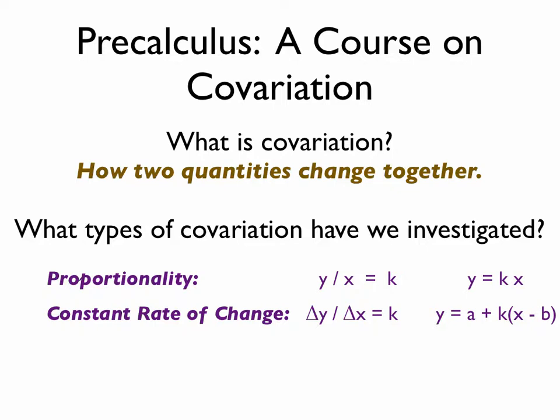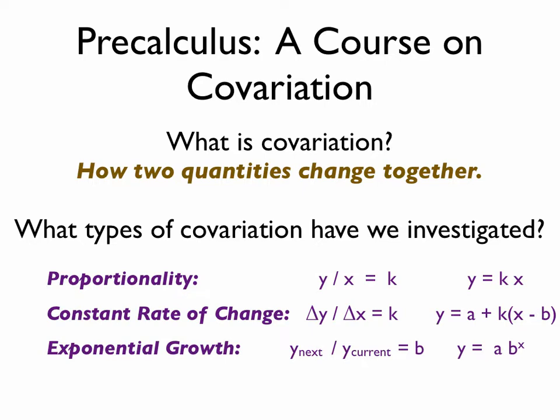Or we said, for every equal change in x, we get consistent changes in y. That's constant rate of change, and that's a very specific way that two quantities can change together. And then we just got done with 2 or 3 weeks of exponential growth. What happens with exponential growth?